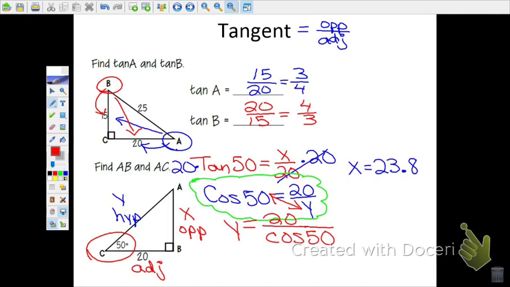So we flipped the y to the left, put the cosine of 50 down where the y was. When we put this one in our calculator, remember our fraction bar divides. So instead of multiplying, we're going to do 20 divided by cosine of 50. And I heard 31.1.